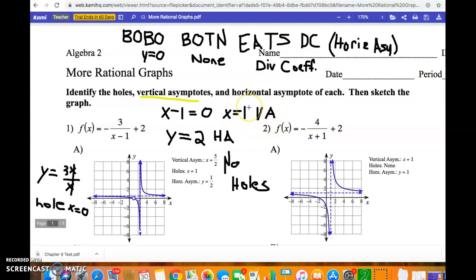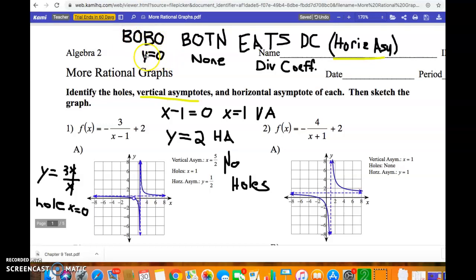All right, next thing I look for is horizontal asymptote. Now horizontal asymptote comes from this word up top here. Let me just highlight this. So it looks funny, it looks like some graffiti up here, but Bobo Botten eats DC. That's the phrase that's going to really help you with this. So Bobo stands for if your exponents are bigger on the bottom, you have 0.